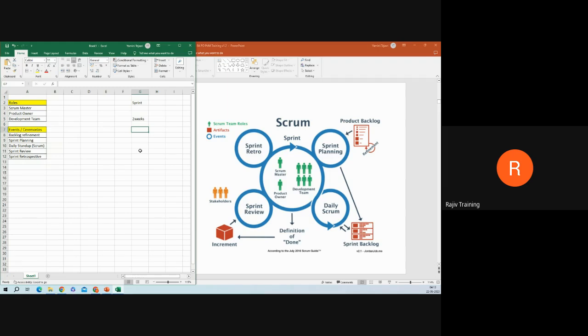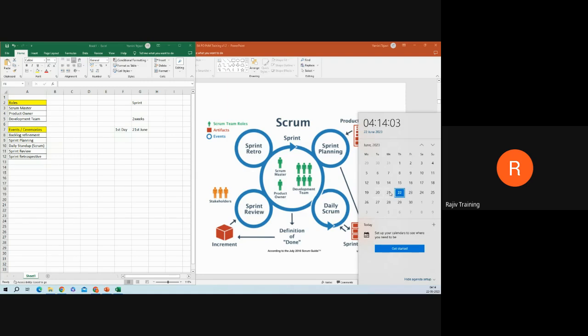Assuming it is a 2 week sprint, what's the date today? 21st, right? So, assume today we are starting the sprint on 21st.